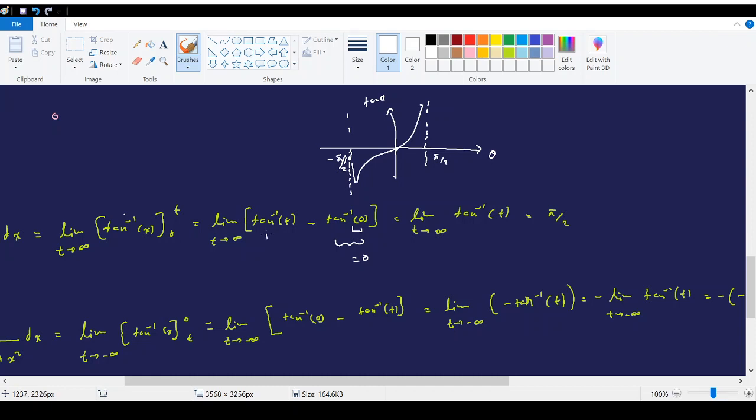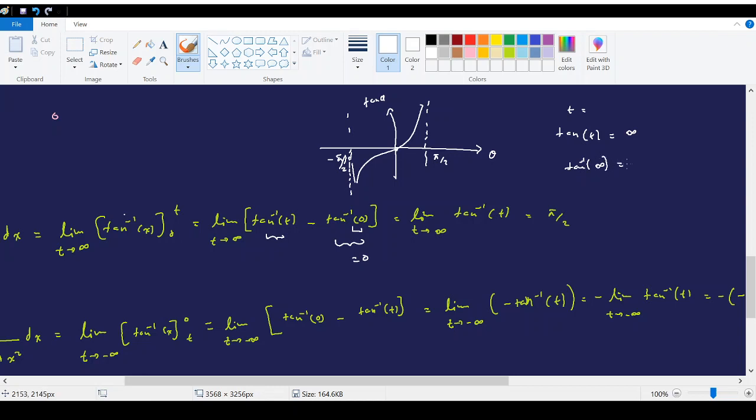And how about this one? Tan inverse t when t goes to infinity. In other words, what is the suitable t value so that tan t is equal to infinity? That's the meaning of tan inverse t. So if we just substitute this one, it will be tan inverse infinity.